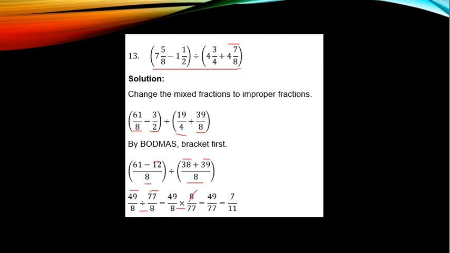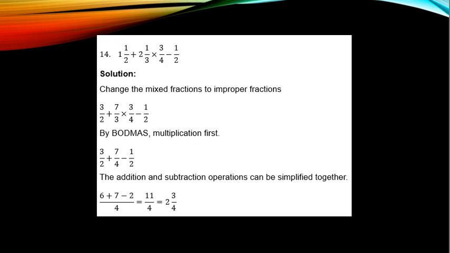Then 8 will remove 8, you are left with 49/77. The HCF of these two numbers is 7. Divide 49 by 7, you have 7. Divide 77 by 7, you have 11. See that? Okay.